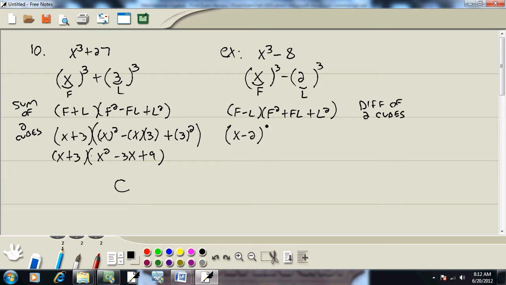So we got X minus 2, and then X squared plus X times 2 plus 2 squared. Which gives us X minus 2 times X squared plus 2X plus 4. So that's the formula for difference of 2 cubes.